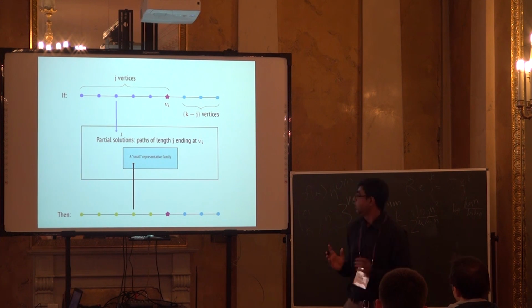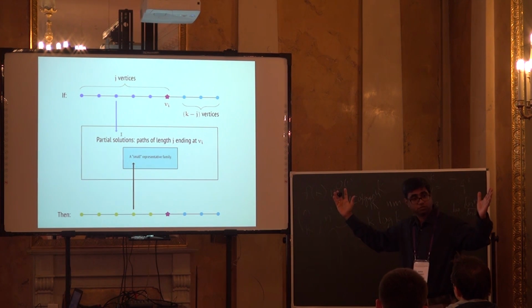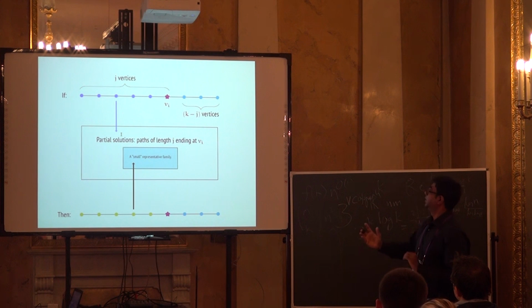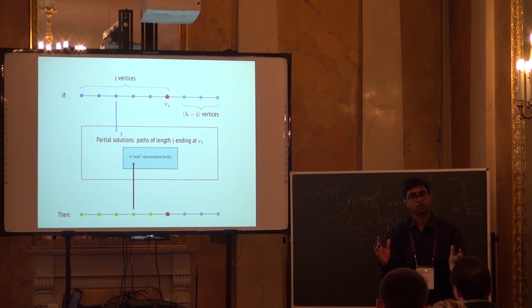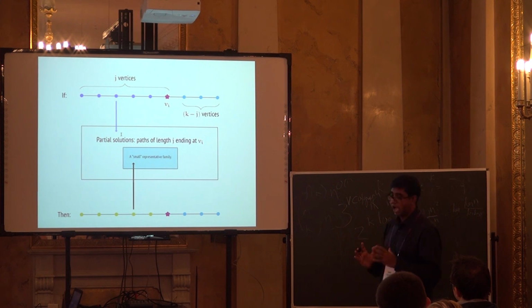What is my whole goal? I have a bigger set of partial solutions. If you give me any ending, and there is any way to extend it from the bigger set, then there is a way to extend it from my smaller set of representatives. So combinatorially, this is the question we are trying to address. I have partial solutions, paths of length j ending at a particular vertex.